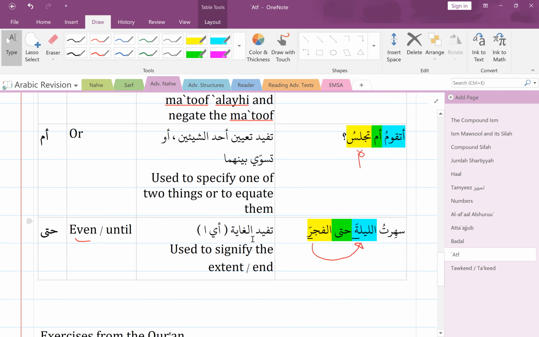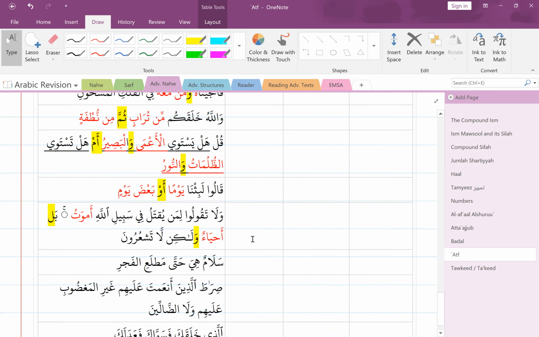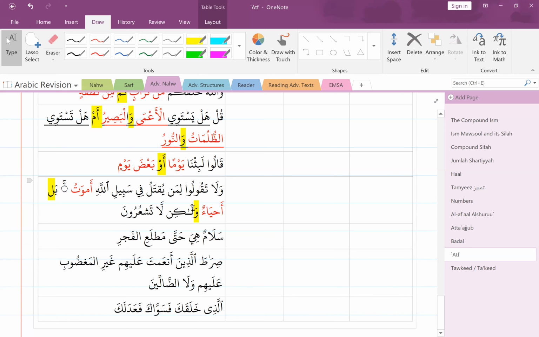Otherwise, it will serve a different purpose. It would be something else. Like in this case, it's not harf atf, it's just harful istidrak. That's what they will call it if you look at tafsir. You will also see something like غير عاملة, it doesn't have any role.